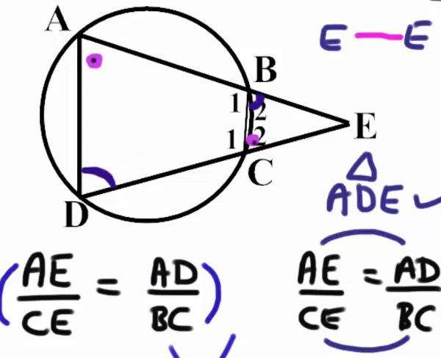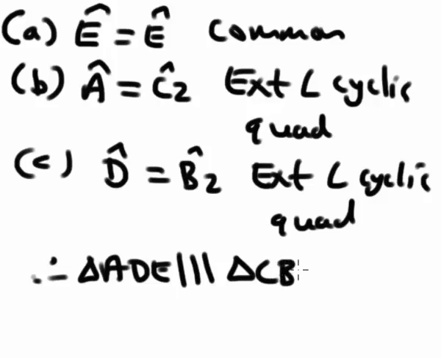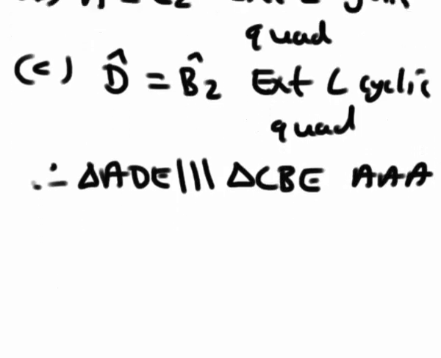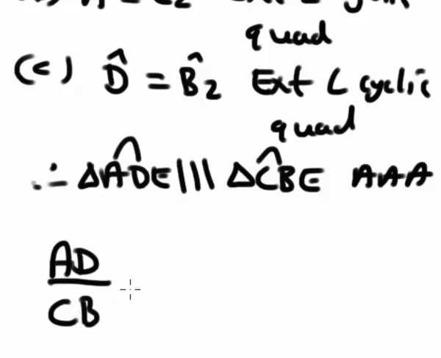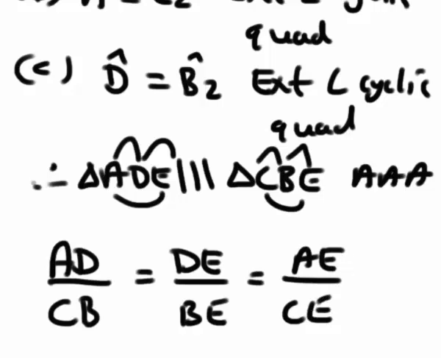Now at that stage, of course, we're in a position to say, therefore, triangle ADE is similar to triangle CBE, three pairs of equal angles. Okay, and let's do the frog face now. We've got AD over CB is equal to DE over BE, DE over BE is equal to AE over CE, all from the similar triangles.